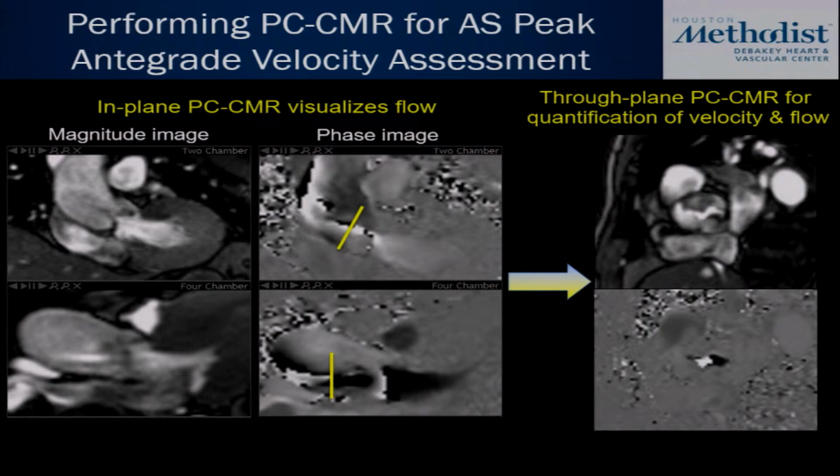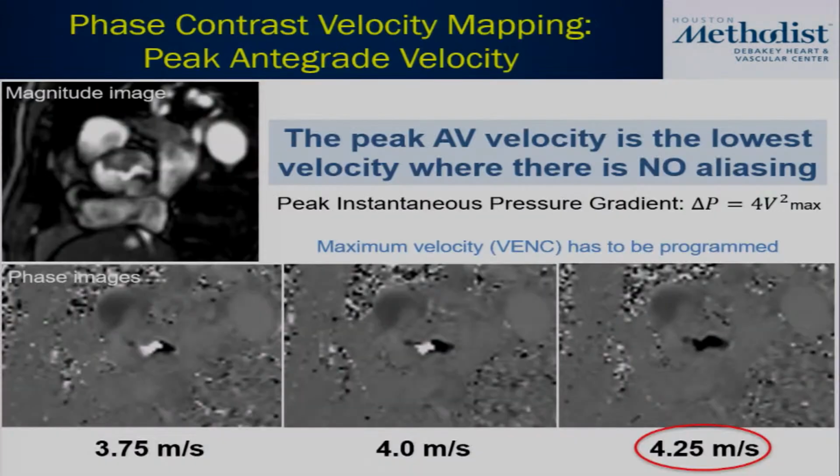I would create a short axis of the valve at the point of maximal systolic velocity using my long axis images. And then I would prescribe different velocity encoding. The velocity where there is no aliasing tells us the actual peak antegrade velocity through the valve.